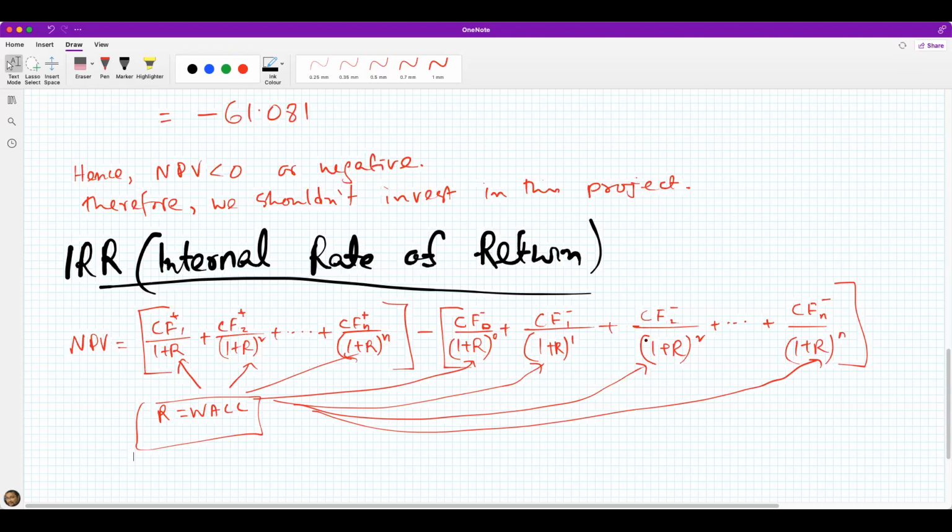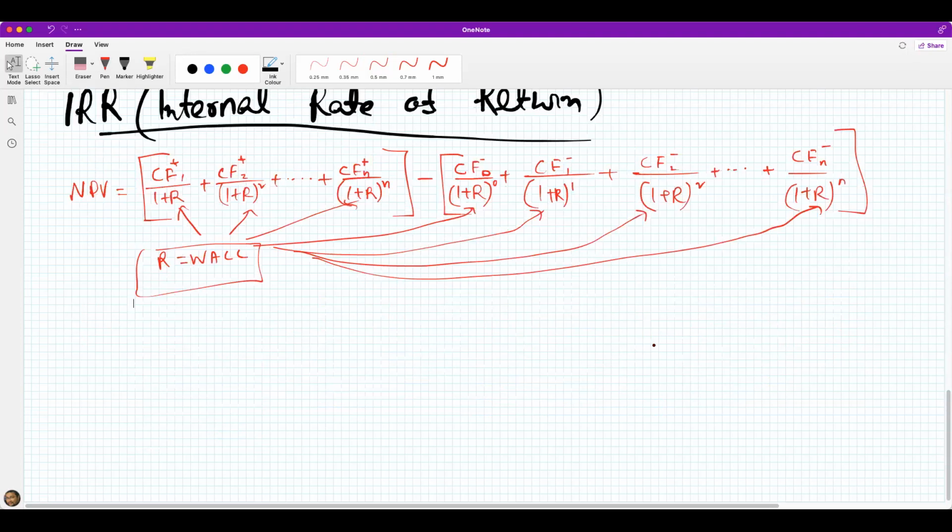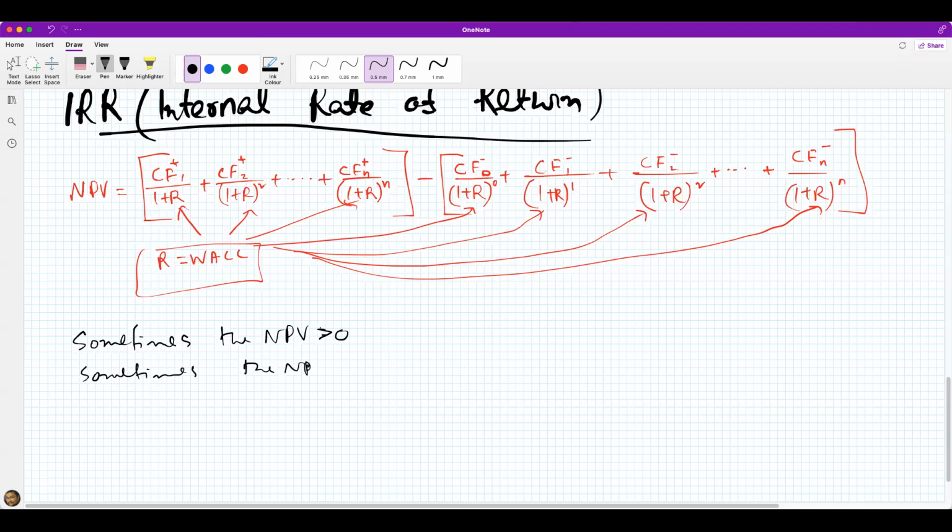After doing the calculation, we have found that sometimes the NPV is greater than 0, sometimes the NPV is less than 0.